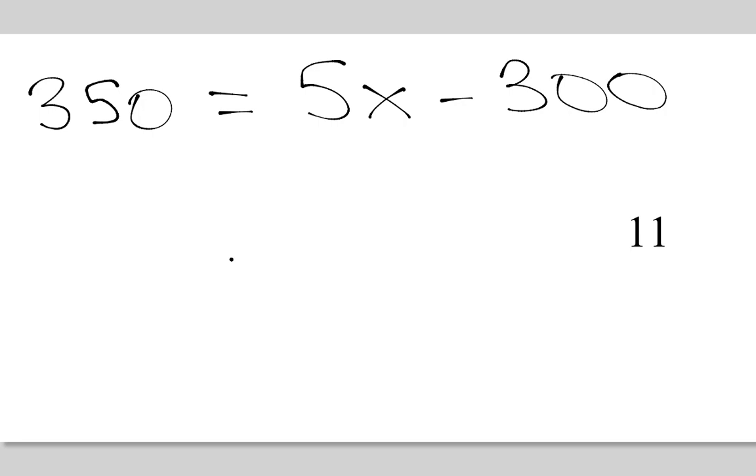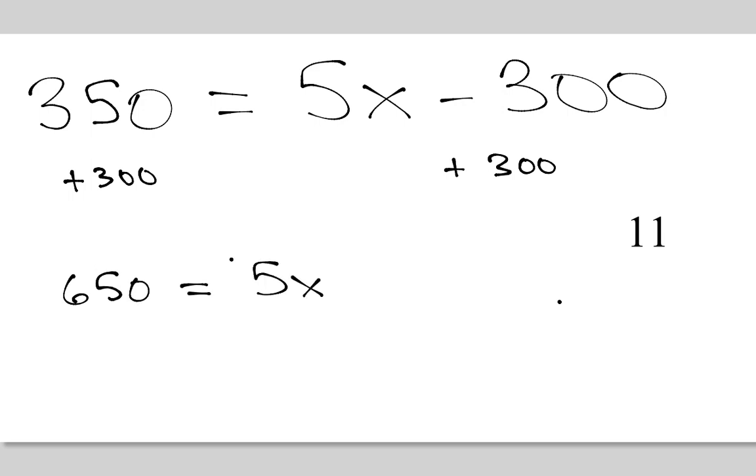It's time for you to go. You're negative 300, so I'm going to do the opposite of you. I'm going to add 300. And then the rules of math say whatever you do to one side of the equation, you've got to do to the other. So we got 650 is equal to 5x.